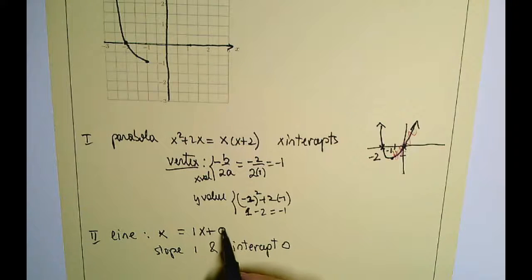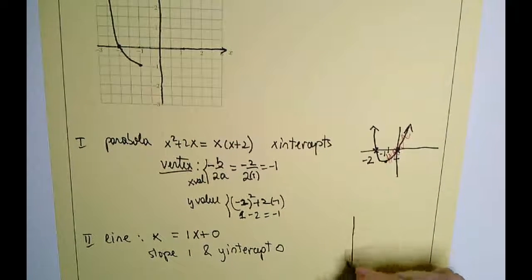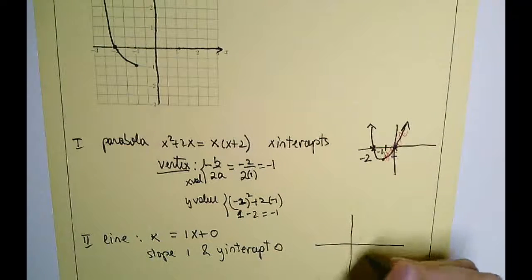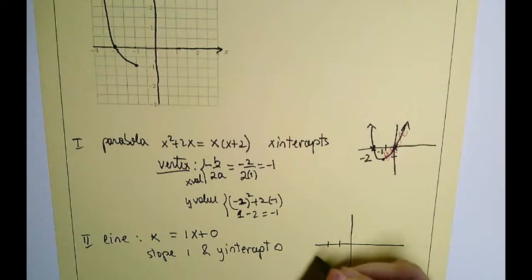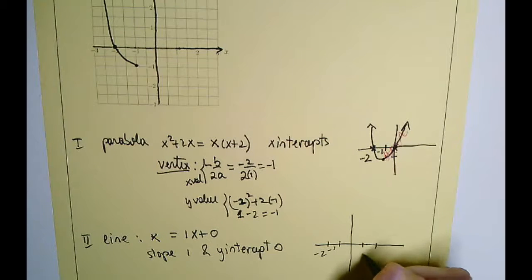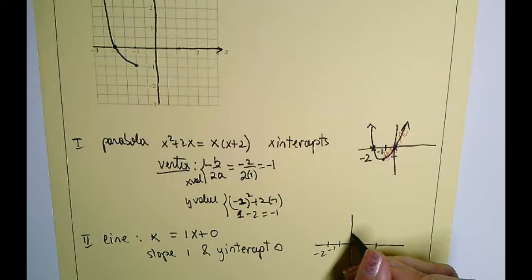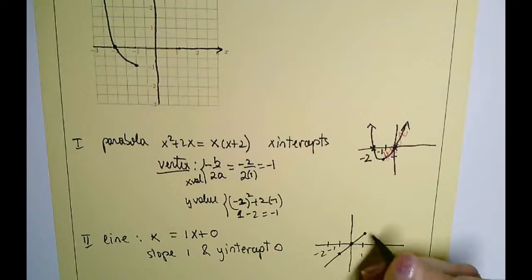So if I graph this line, -2, -1, 0, 1, 2, with y-intercept 0 and slope 1, if I go up 1 and right 1 is here, or if I go down 1 and left 1 is here. So it's this line.